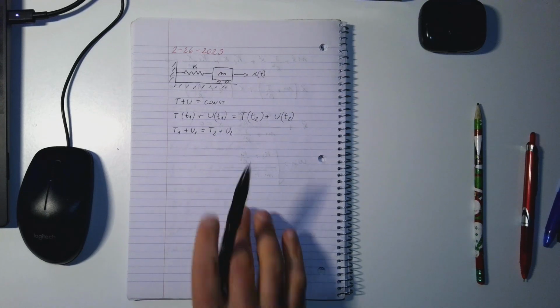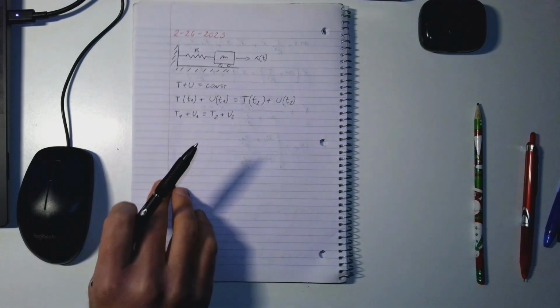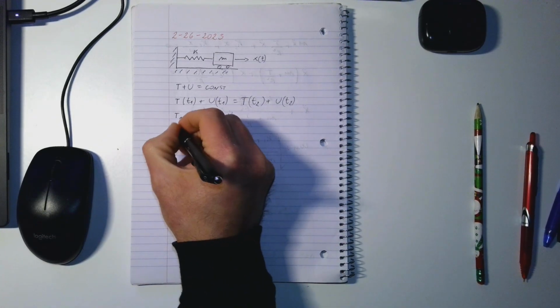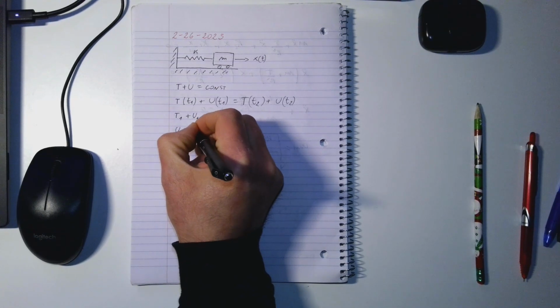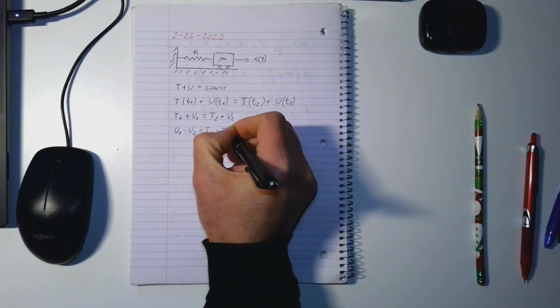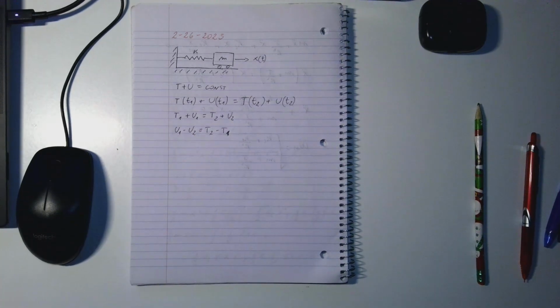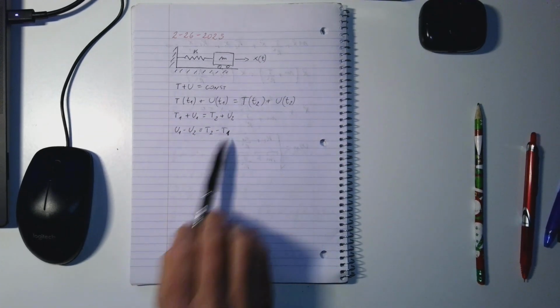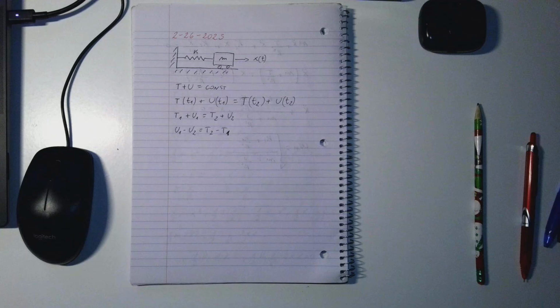We can rearrange this expression, and then we can see that the difference U1 minus U2 is equal to T2 minus T1. I simply rearrange this in order to obtain this. So basically the difference between the potential energies at two different times is equal to the difference between the kinetic energies at those two times.